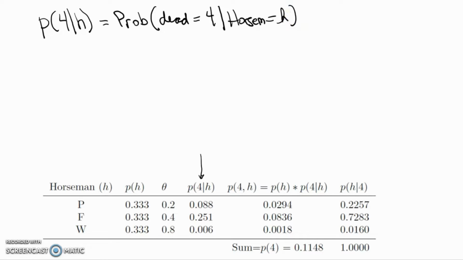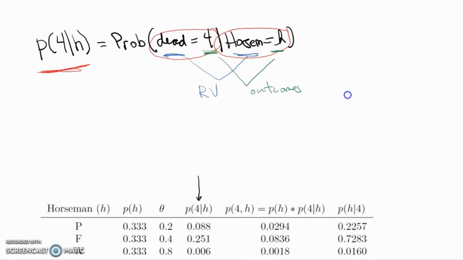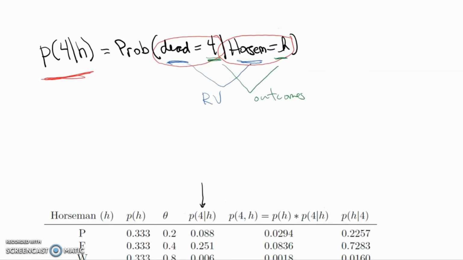So as we saw in week 1, these things are random variables, and these are specific outcomes when the experiment is done. So if we think about what this thing means, it's the probability of getting a certain number of dead given a certain horseman when the experiment is actually done.